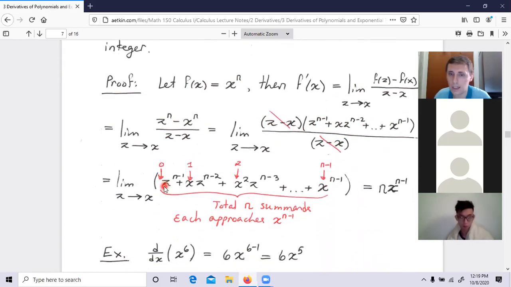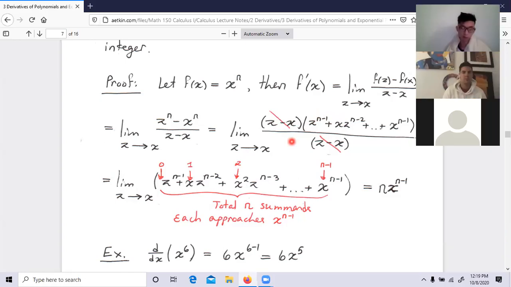Now let's look at how many terms I am going to get. So z to the n minus 1. This will become x to the n minus 1. This next term will also be x to the n minus 1. Do you agree? Because the sum of the powers of x and z is always n minus 1. But z is morphing into x. Do you understand that I'm adding the same term again and again? I'm adding the x to the n minus 1 term again and again to itself. And then the only question is how many total number of times do I add the same number?